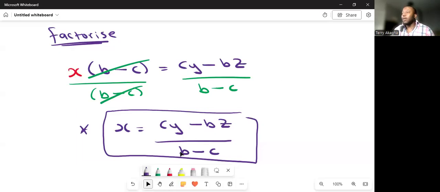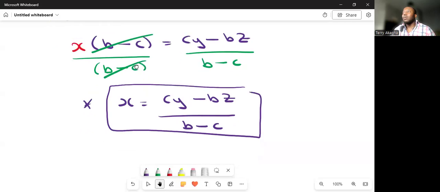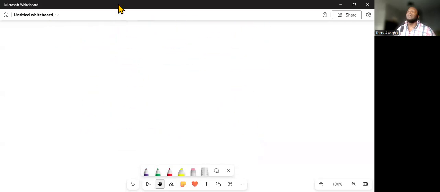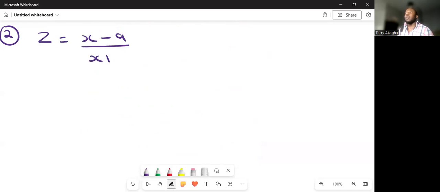All right, so let's pick another example. Number 2, we have z is equal to (x minus a) divided by (x plus a). By now, you know I'm going to get rid of this fraction. So I'm going to multiply both sides by x plus a.